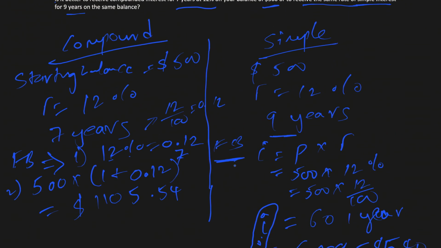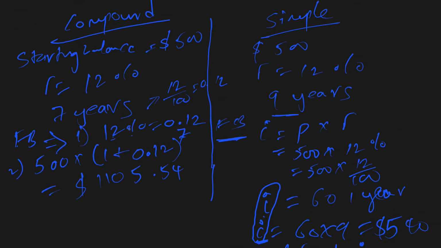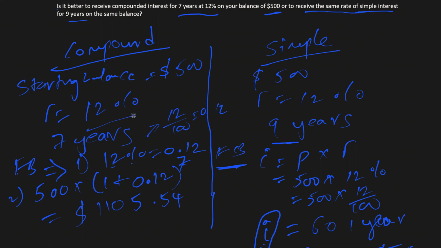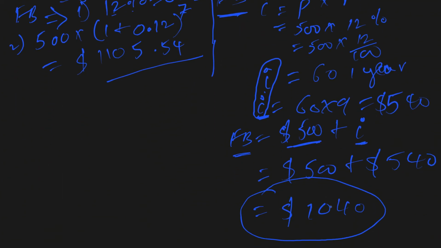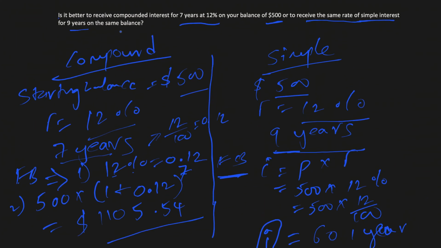So from this, you can see that even if the interest rate is the same in both compound and simple interest with the same starting balance, we make more in 7 years with compound than in 9 years with simple interest. So to answer the question, is it better to receive compound interest for 7 years at 12% on a balance of $500?